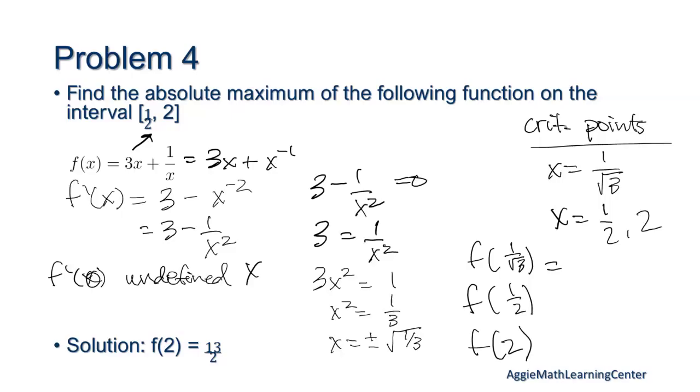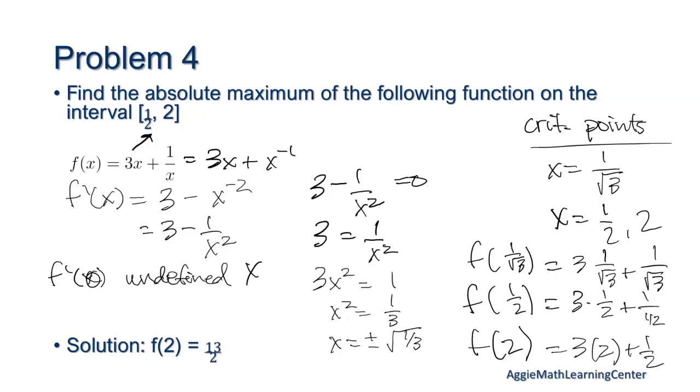At this point, you can use your calculator. I won't show it because now you have a calculator on the CBEs, but if you plug in 2, you get the largest value at 13 halves. Any questions on that one?